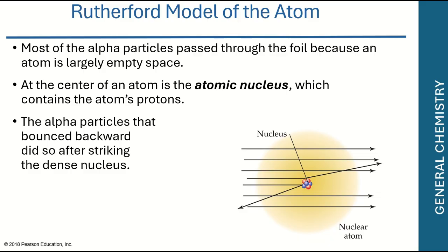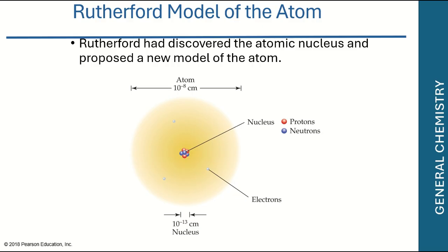So the alpha particles that bounced backward did so after striking the dense nucleus, like here. The others could pass just because the atom is largely empty space. If you feel empty inside, just think about it. You're made of atoms, a lot of empty space.